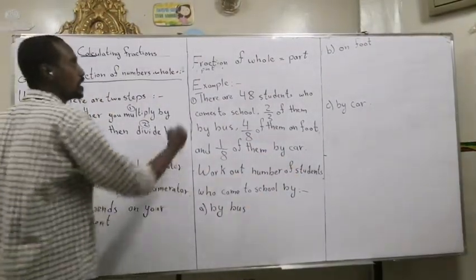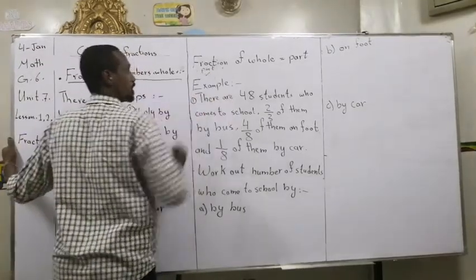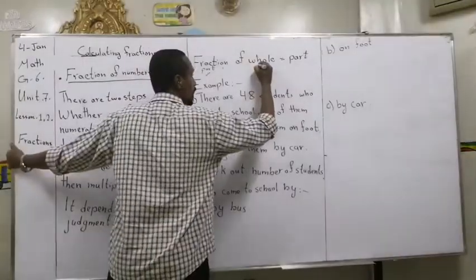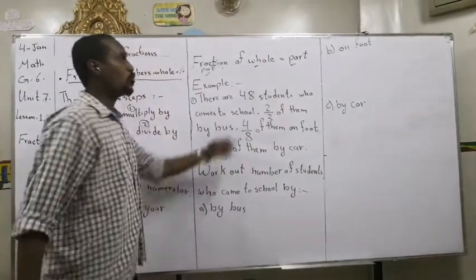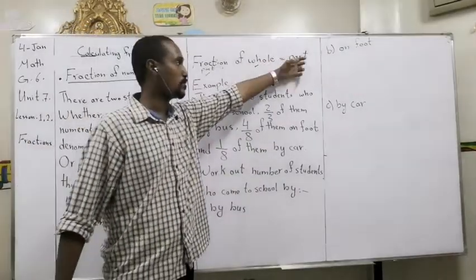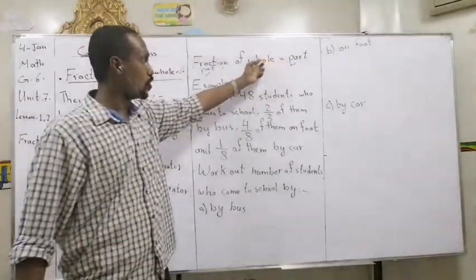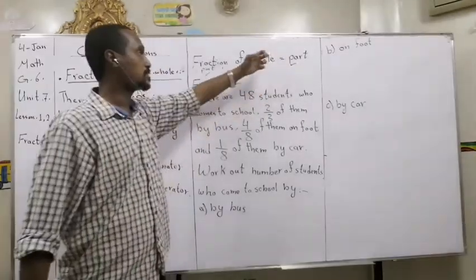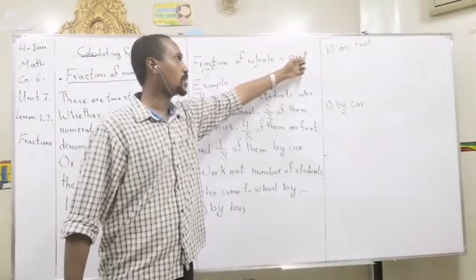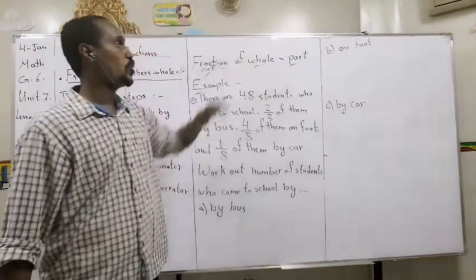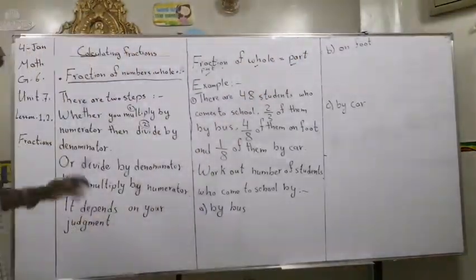So we should know which one is the fraction, the whole, and the part. They always give us one of them, whole or part. If they give us the whole, that means they want the part. If they give us the part, they want the whole.